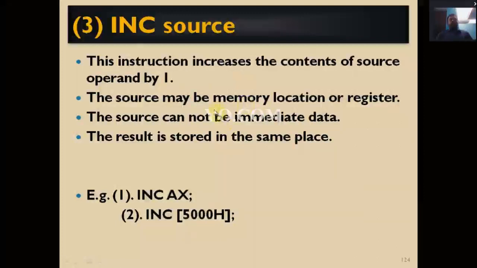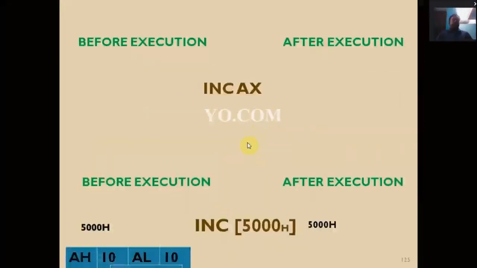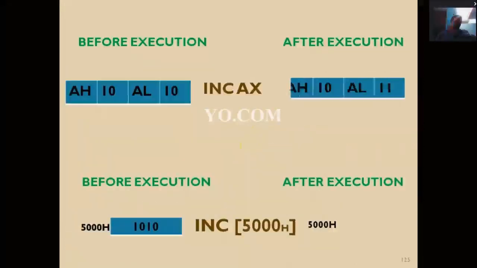So this is a simple instruction that is used to increment the data or address. Before execution and after execution: INC AX means initially AX equal to 1010. After execution AX equal to 1011. Before execution INC [5000H], 5000H has 1010 data. After execution the 1010 is incremented to 1011.